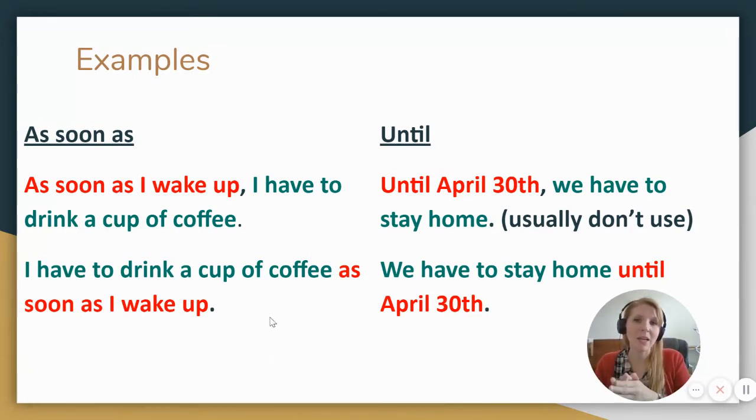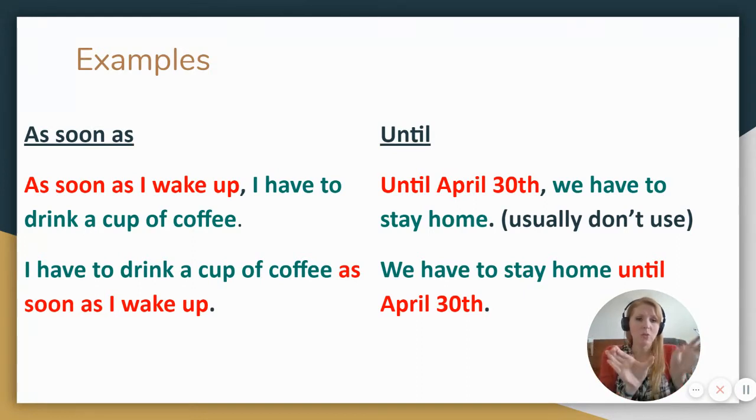Let's look at the beginning of a sentence. As soon as I wake up, I have to drink a cup of coffee. When we have that time clause with as soon as at the beginning of a sentence, we need to have a comma in the middle. As soon as I wake up, second part, I have to drink a cup of coffee.